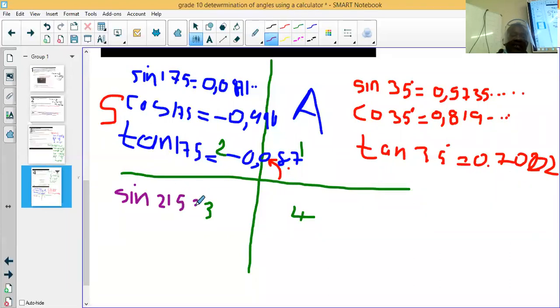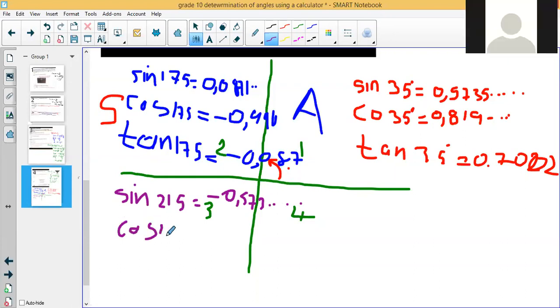What do you get? Negative 0.5735. Okay. Now, what sign do we have? Negative. Now let us go on to the other one, cosine.